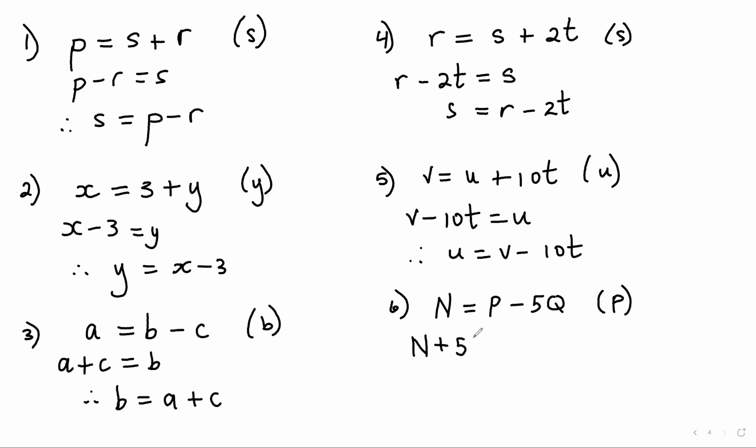That's right. If P is the subject, it will be P is equal to N plus 5Q. Now, 5Q plus N is the same as N plus 5Q, because addition is commutative. So the order does not matter.